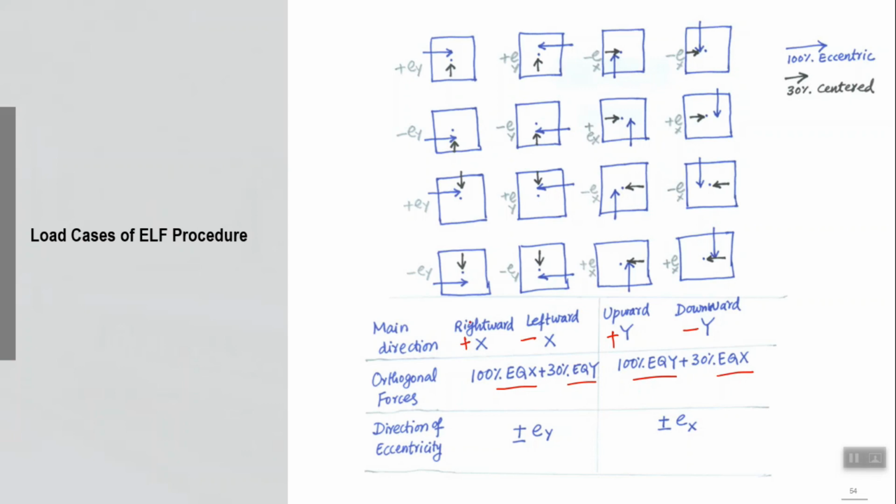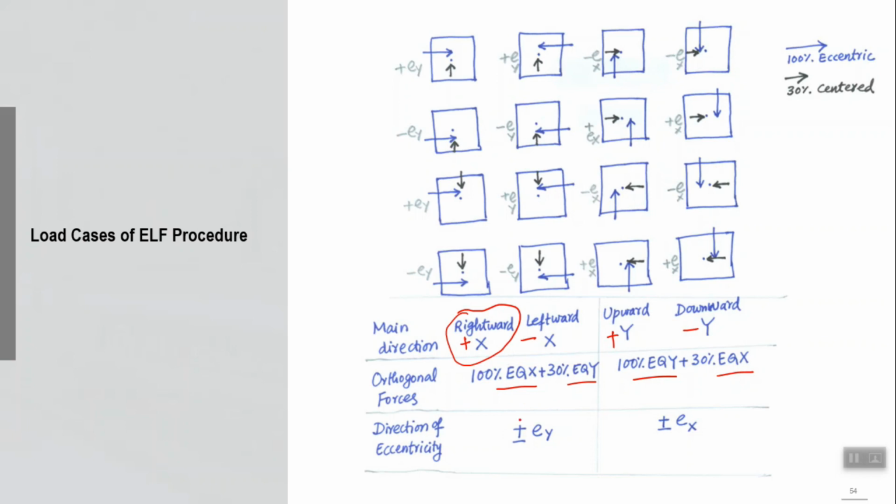See, for example, I select the rightward x direction analysis. In that also I can again have the orthogonal cases, further cases, right. So, in that rightward x I can apply, let us say, 100% of x and 30% y, or 100% y plus 30% x. The eccentricity which is required to account for accidental torsion can again have positive and negative signs and can again have 2 directions, x and y, right.